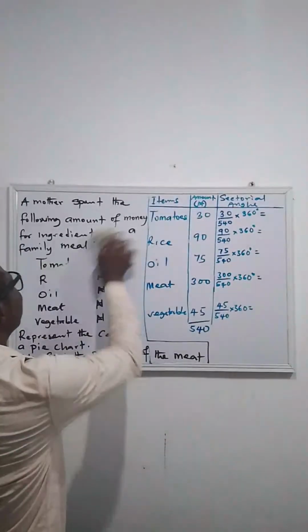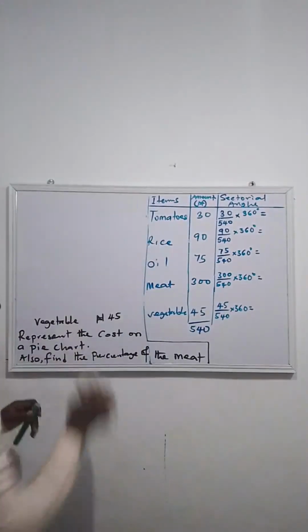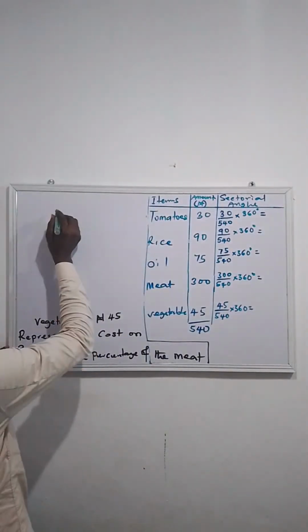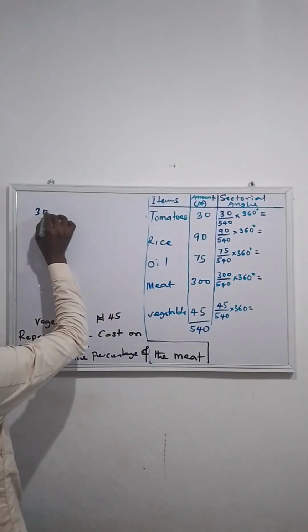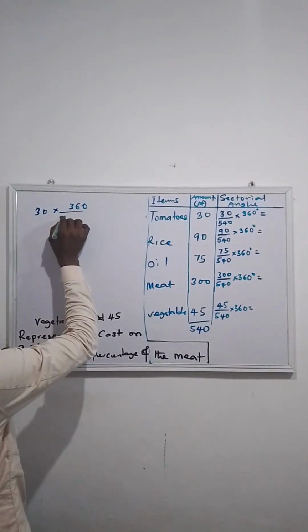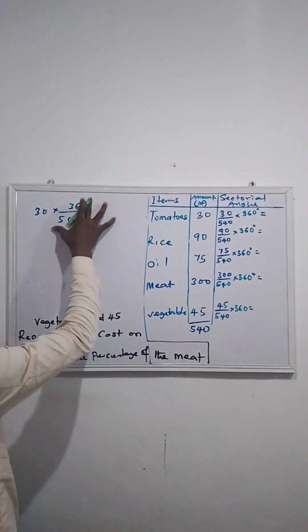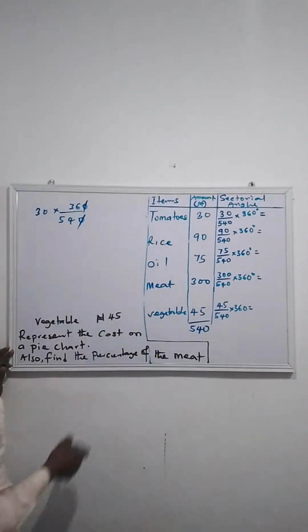Okay, now let's see what we have here. So I will do that. Let me analyze the first one for you. That's 30 times 360 over 540. So I'll try and simplify this because this is common to everything. So reduce this.